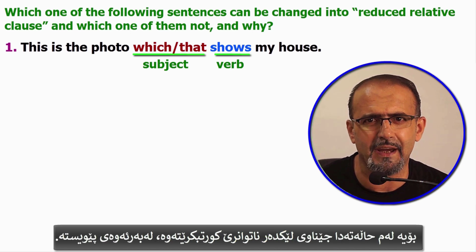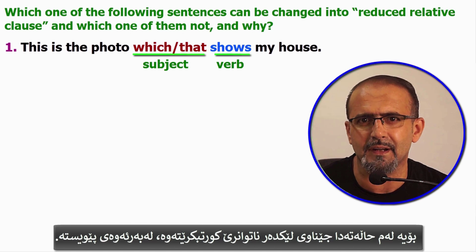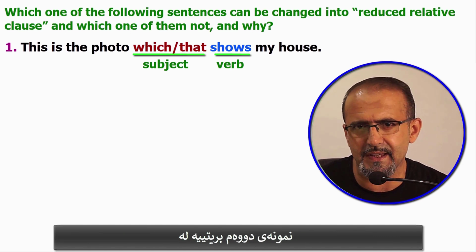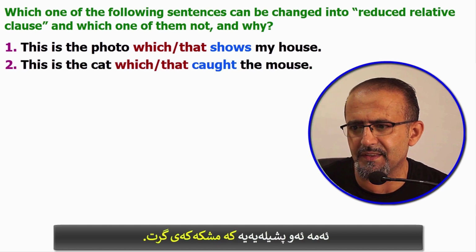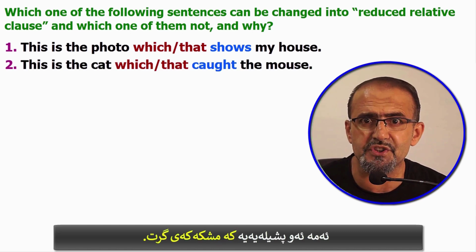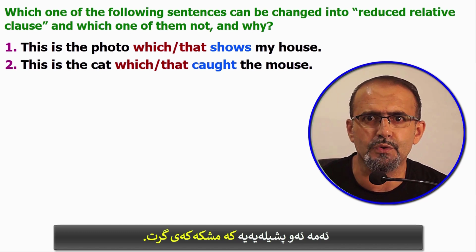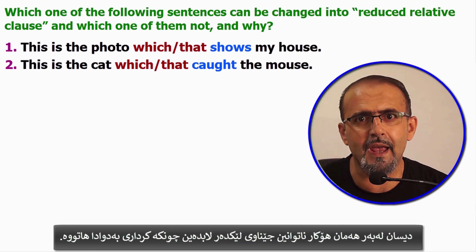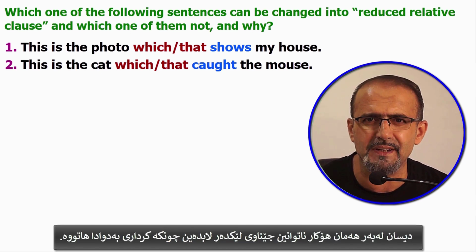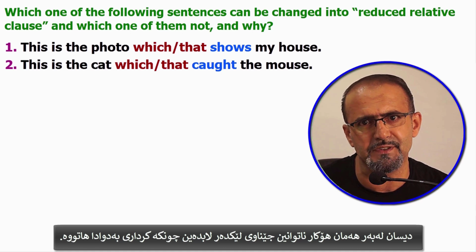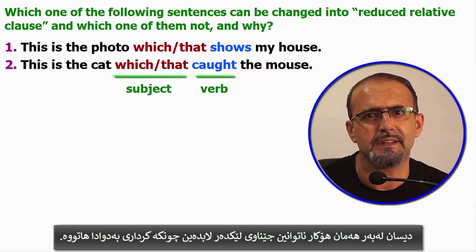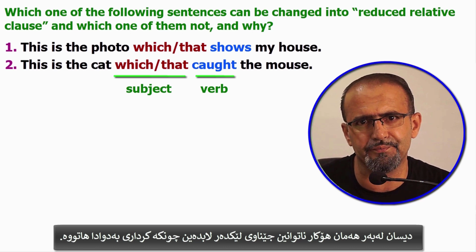So, in this case, the relative pronoun cannot be reduced. It's necessary. The second example is, this is the cat which caught the mouse, or we can say that caught the mouse. Again, for the same reason, we can't reduce the relative pronoun. Why? Because it is followed by a verb.